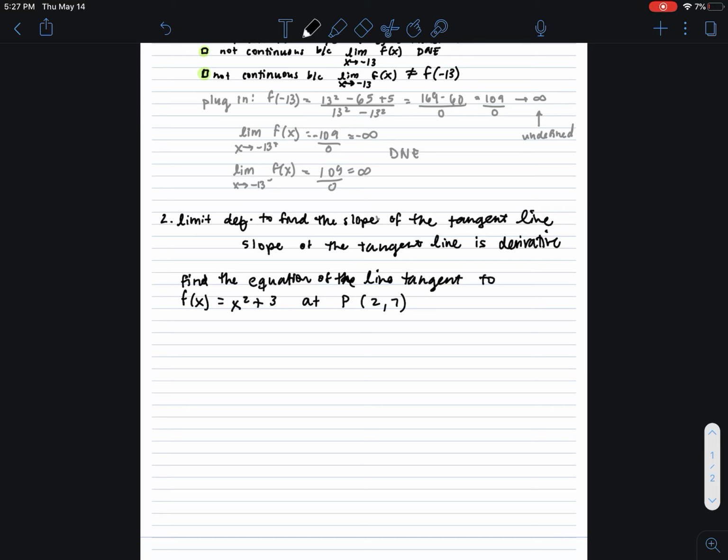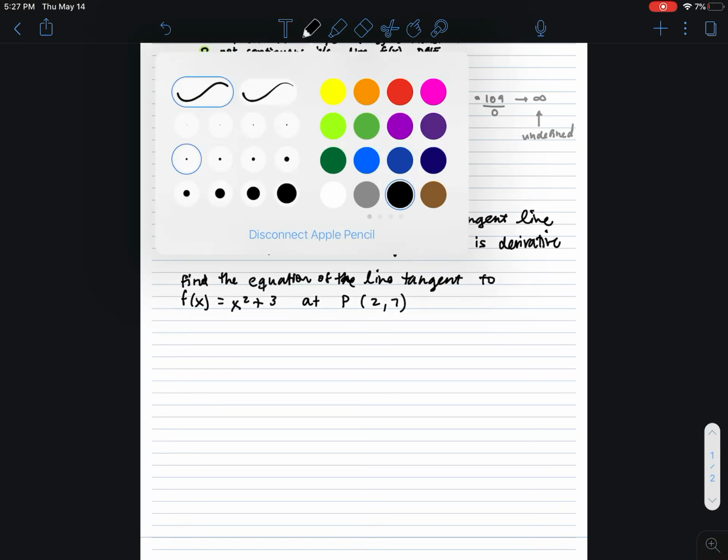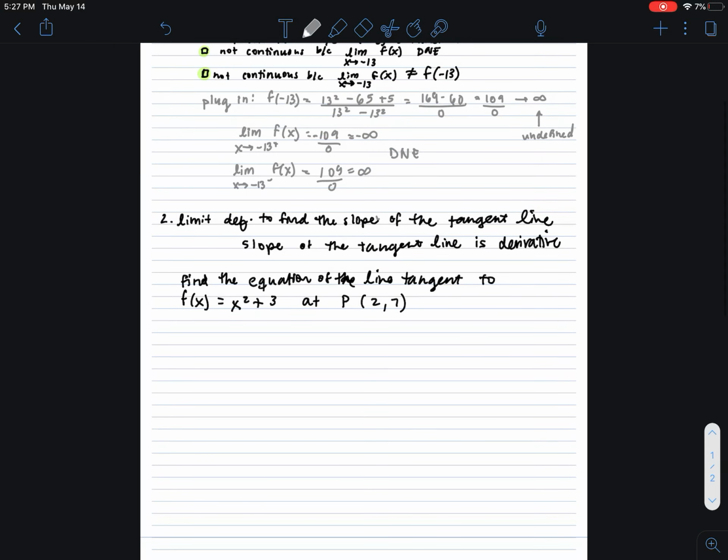Okay, so if I want you guys to find the equation of the tangent line at this point, first of all, we need to find the derivative, which is the slope. So to find the slope, we'll take the derivative.